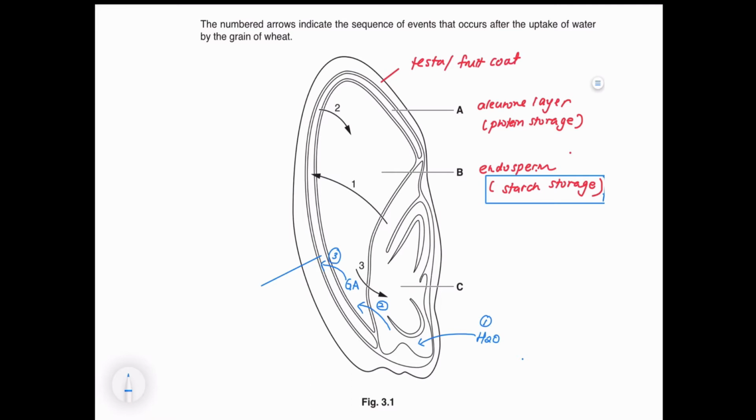When the seed is dormant, not germinating, there's a repressor protein that blocks the gene expression. This repressor protein is known as DELLA. When transcription is triggered, the repressor protein DELLA will be broken down.